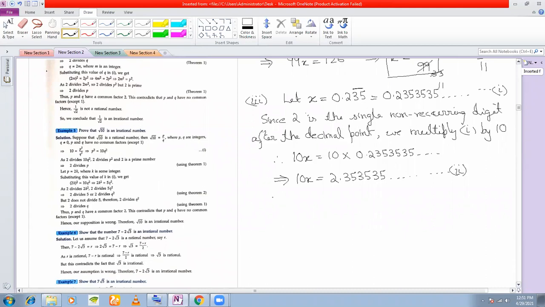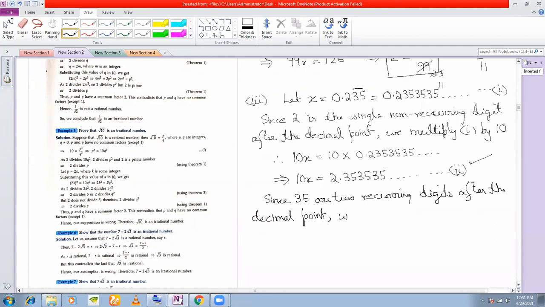Because we have 2 recurring digits after the decimal point, this time what we do is we multiply this number 2 by 100. We multiply both sides of 2 by 100. Why? Because 2 digits are recurring.